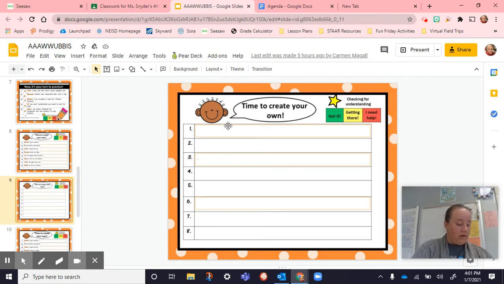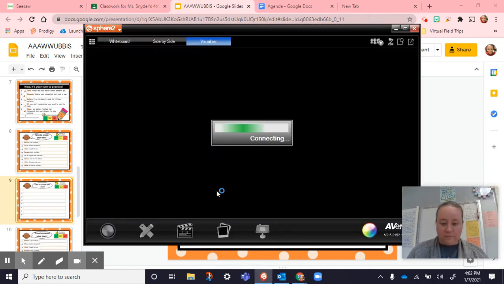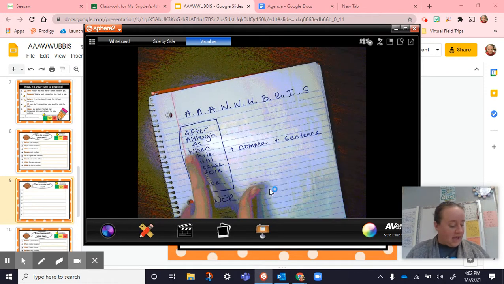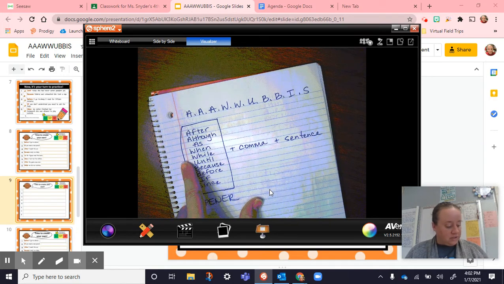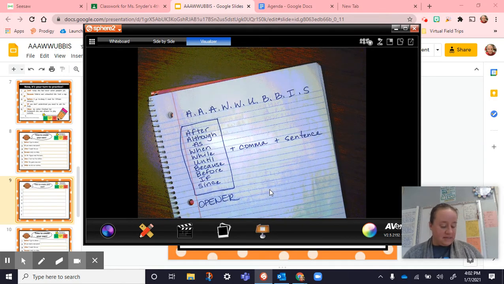There it is. All right, so this page right here where we were talking about what Anubis stands for. After, although, as, when, while, until, because, before, if, since. So we were using one of those Anubis words to start, and we were creating an opener.